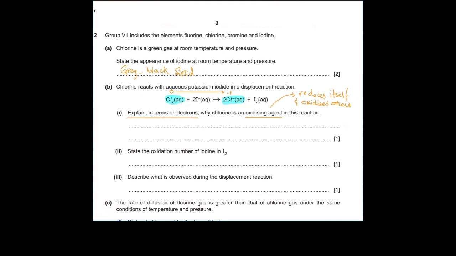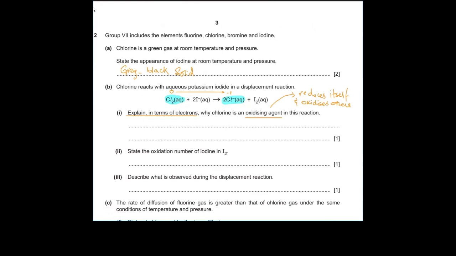So we know that the one which is being reduced gains electrons, and the one which is being oxidized loses electrons. Here it is an oxidizing agent, which means it is being reduced, which further means that it will be gaining electrons.